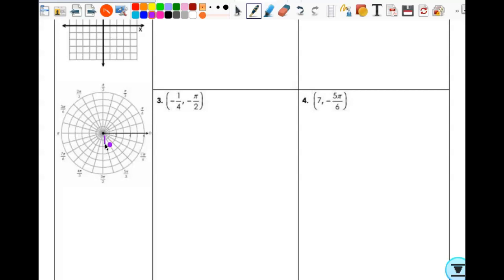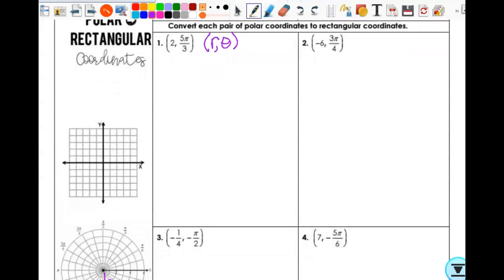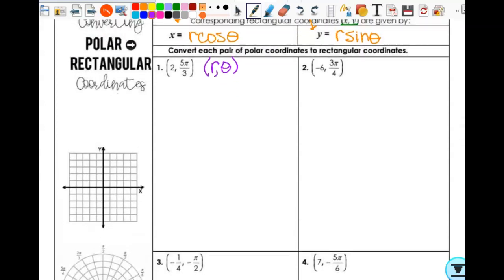Okay. So we at least know something, even if we didn't plot this, and we think about where it is, we can think, okay, that's going to end up in the 4th quadrant. That's helpful, because then when we convert, we can make sure that whatever our point is will land in the 4th quadrant, right? And that way we'll know maybe if we mess up on our signs or not. Okay, so back up here, I've got that x equals r, which is 2, times the cosine of theta, which is 5 pi thirds.